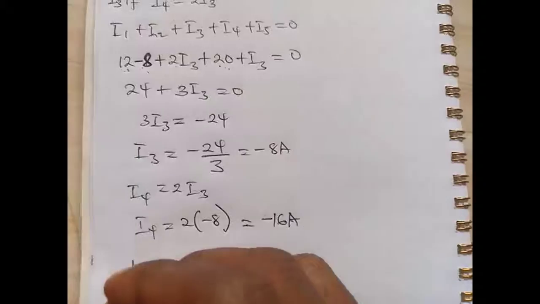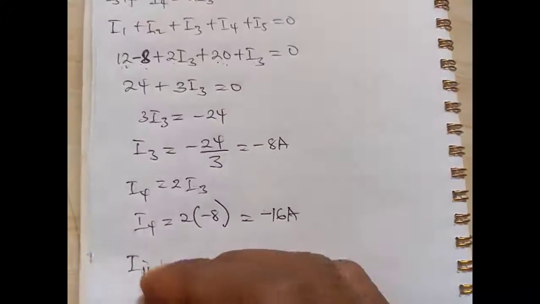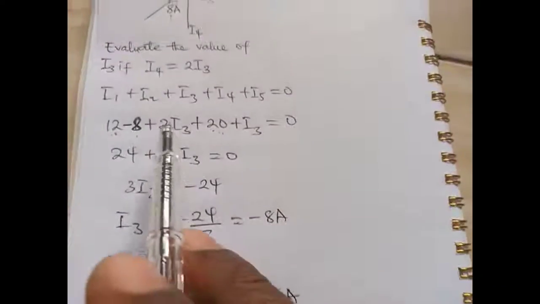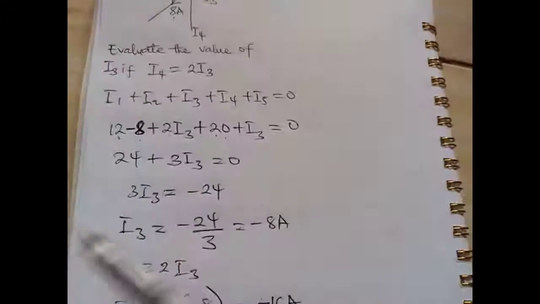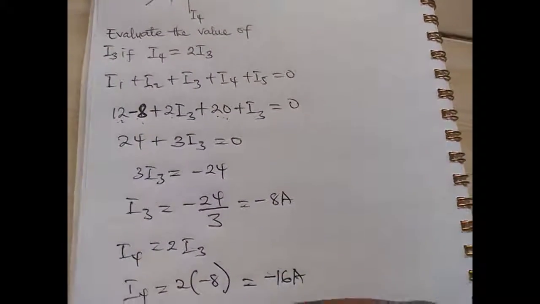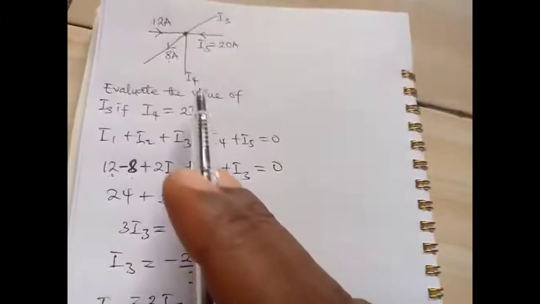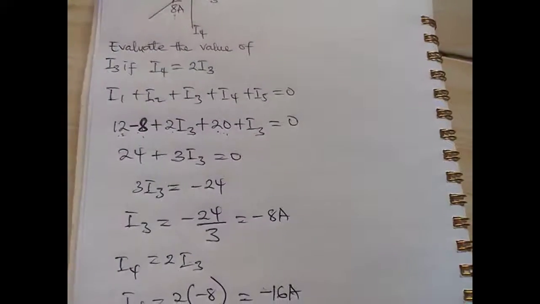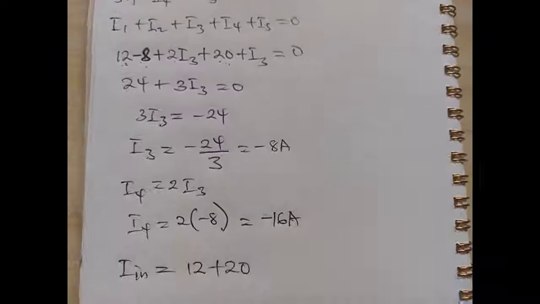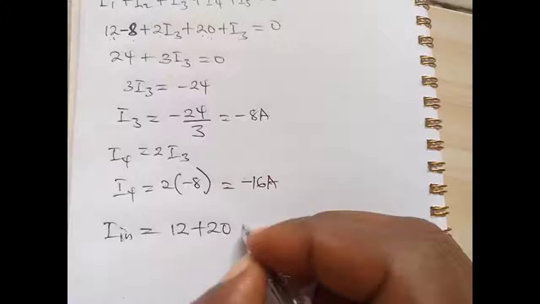If we check the current that goes in, we will have 12 and we will also have 20, which gives us 32.